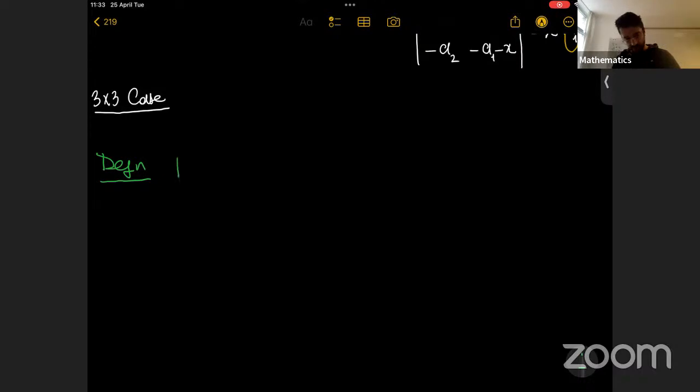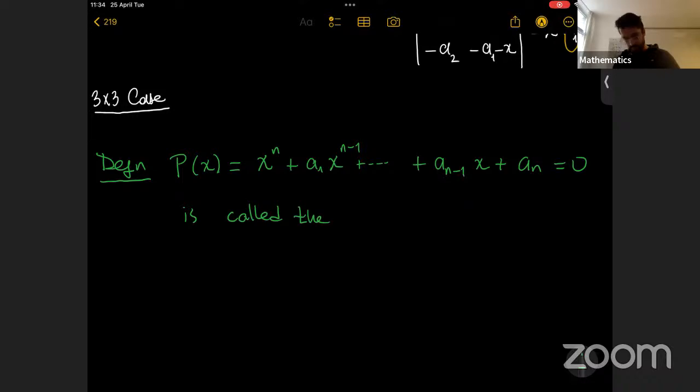So we had this P of lambda, which is lambda to the n plus a1 lambda to the n minus 1 plus up to an, is equal to 0 is called the characteristic equation of the ODE above. Okay.